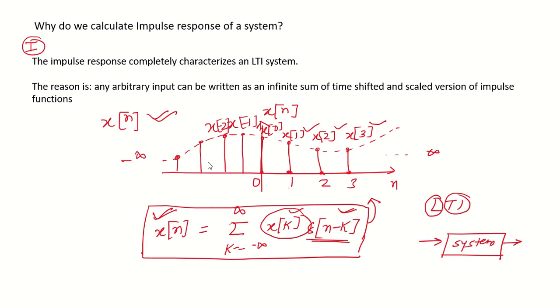So since we can represent any input signal in terms of the impulse signal, if we know the impulse response of the system, we can always calculate the response to any arbitrary input signal. So this is the first reason why we calculate the impulse response of the system.